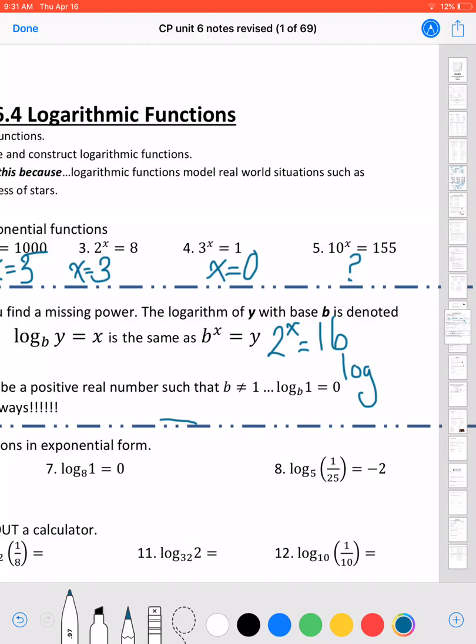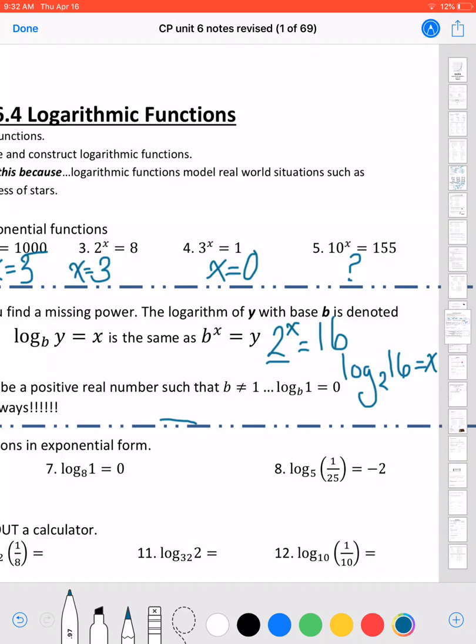The base of the log is the same base as the exponent. So log base 2. It's a subscript. It's a smaller 2 and it's to the side. Just like how you see the 5 and the 10 for 8 and 12 below. And then 16 is equal to x.